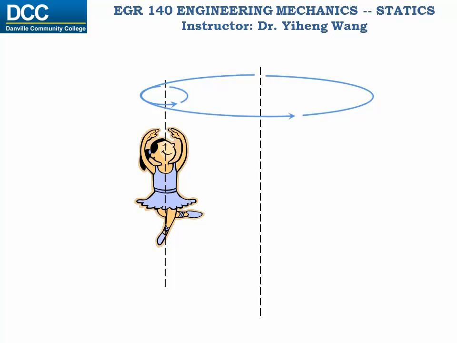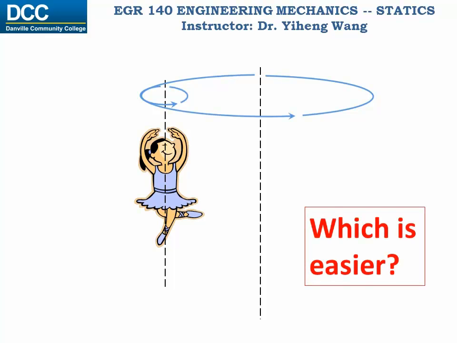Which situation is easier, or which situation provides minimum resistance? The answer should be when she is rotating about her own centroidal axis, because the moment of inertia calculated about the centroidal axis is always the smallest among all its parallel axes.